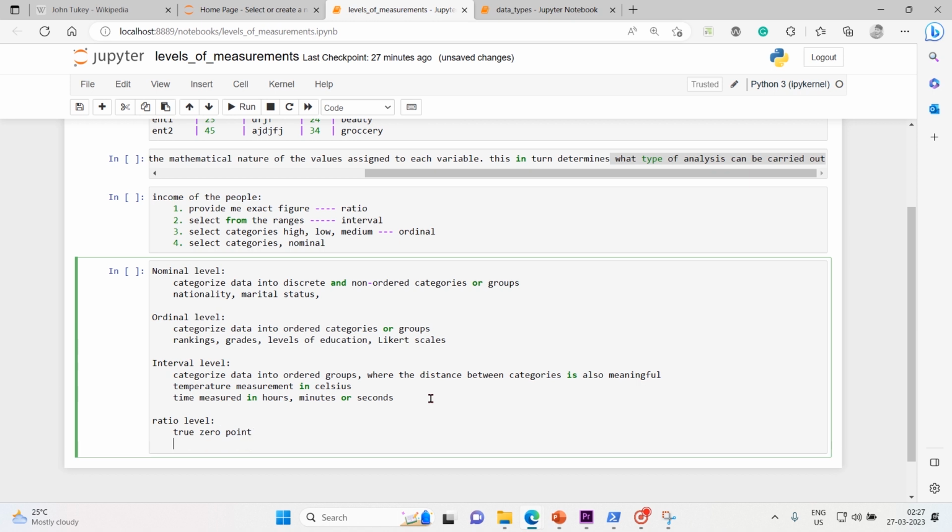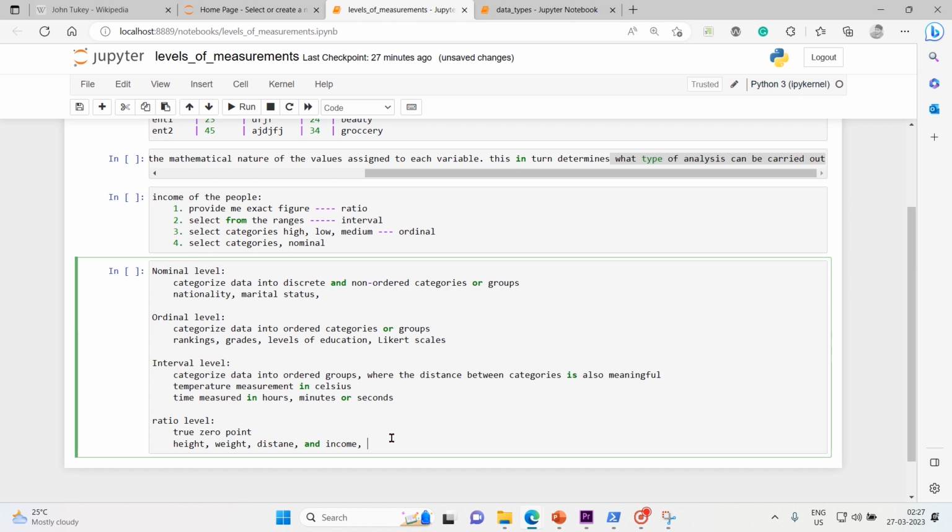The examples include height, weight, distance, and income. Ratios between values at this level of measurement can be meaningfully computed.